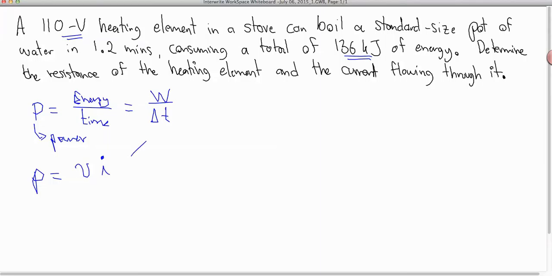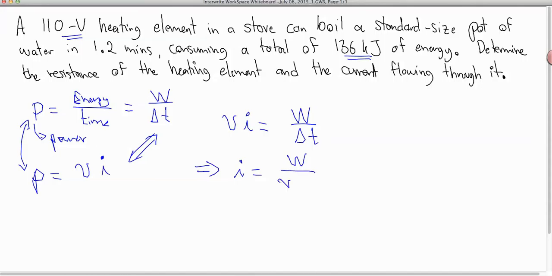We are going to relate these two equations because P is equal to P. Then we're going to say voltage times current is equal to energy divided by time. Therefore, current is going to be energy divided by volts times delta T.